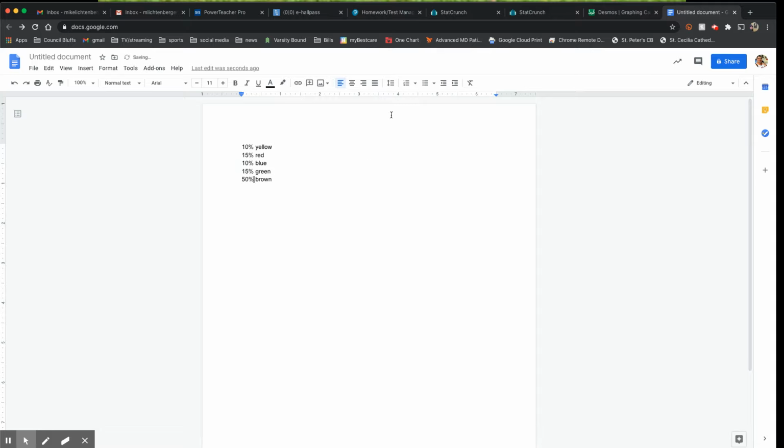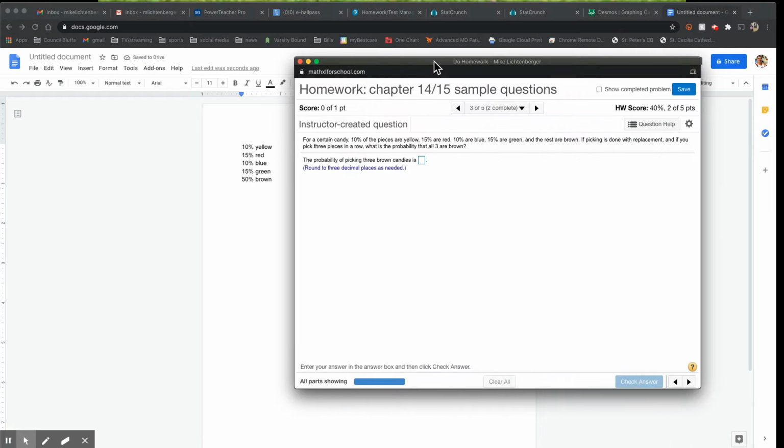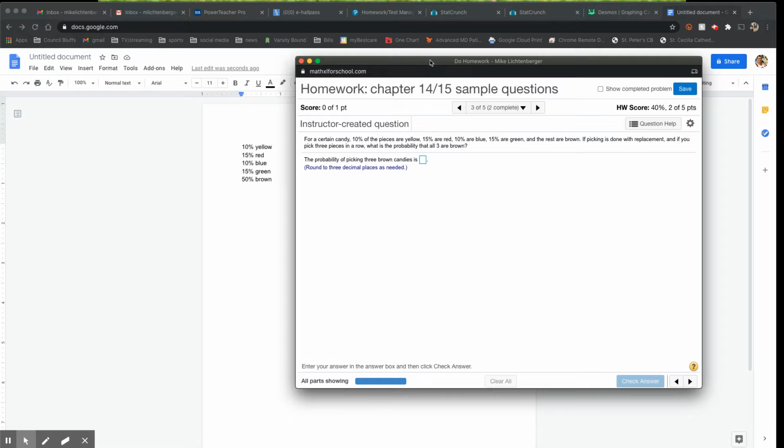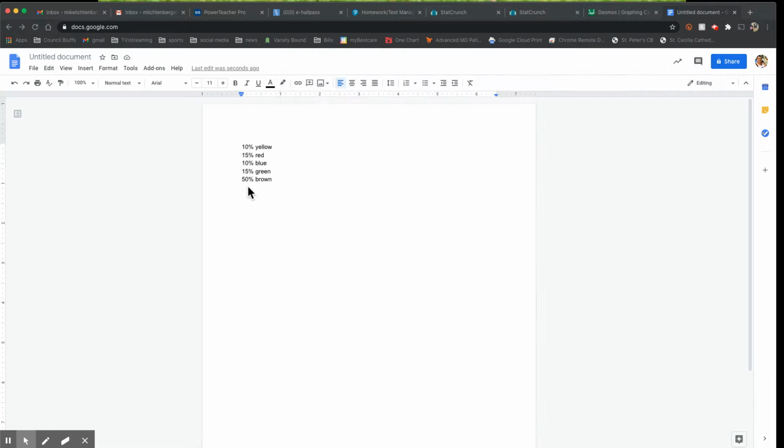If picking is done with replacement, and you pick 3 pieces in a row, what is the probability that all 3 are brown? The probability that the first pick is brown is going to be 50%.